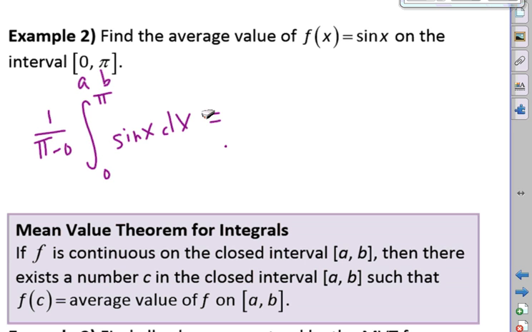Okay, so we're going to evaluate this definite integral, and the only thing different just to find the average value is you multiply by 1 over pi minus 0, or you divide by the change in time. All right, so this would be 1 over pi. The integral of sine is negative cosine, and I want to evaluate that from 0 to pi.